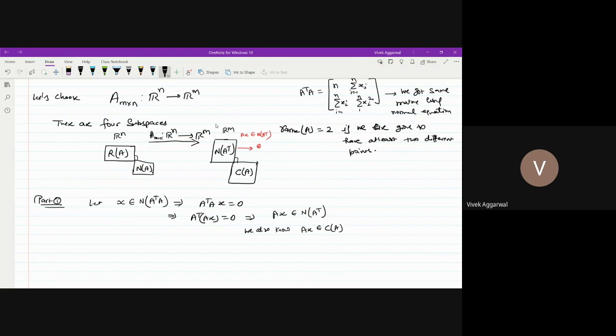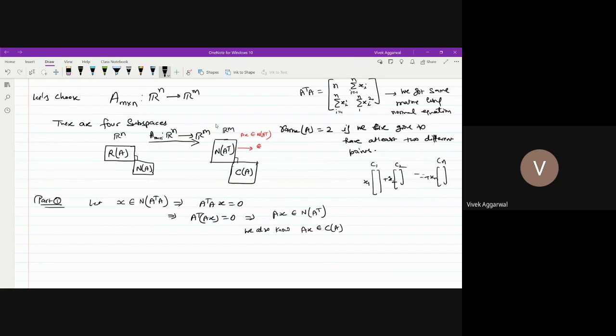Suppose your matrix consists of columns C1, C2, and the last column is Cn, and you multiply by x. So what is going to happen here? x1 C1 plus x2 C2 up to xn Cn. So you are taking the linear combination of the columns, which means it belongs to the subspace created by the columns of the matrix A. So that's why Ax should belong to here.